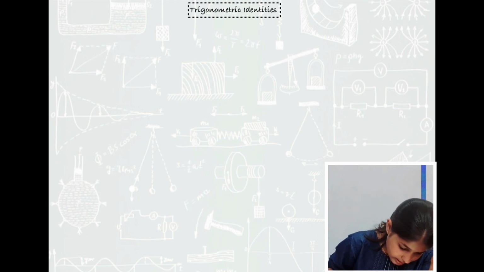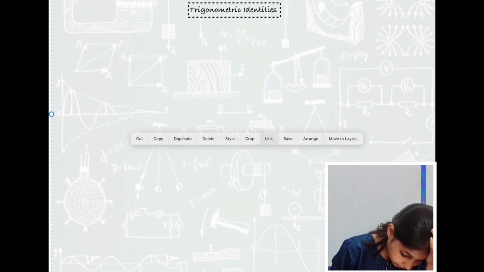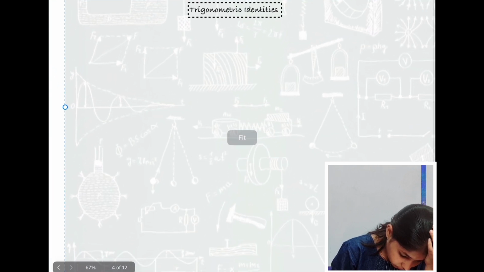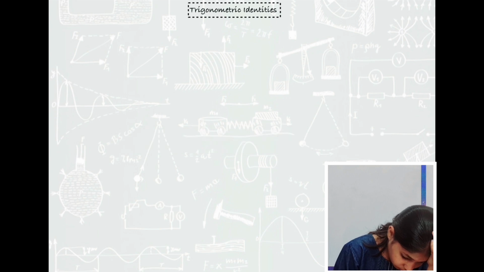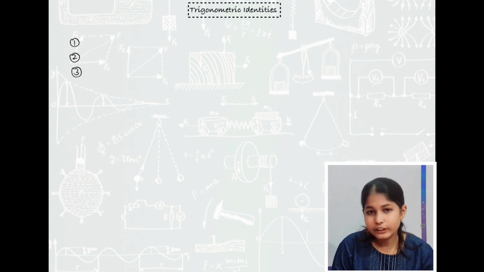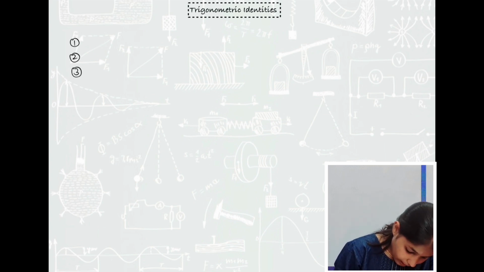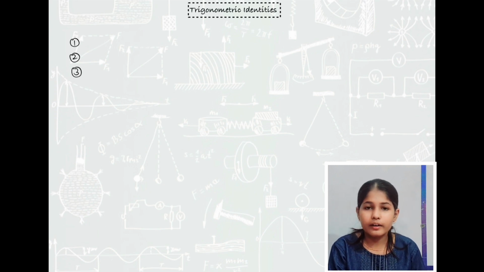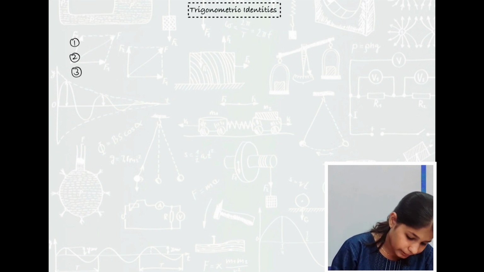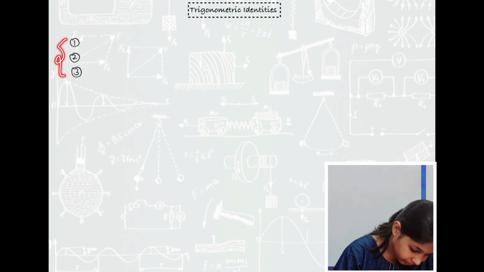First, second and third. First of all, let's talk about these. These three trigonometric identities are very important, and all other things except these three are just derived identities, but these three are fundamental.